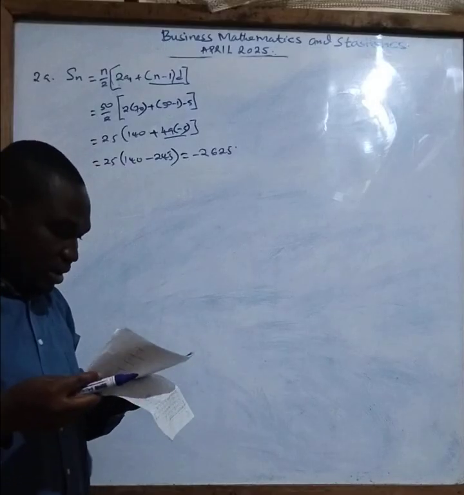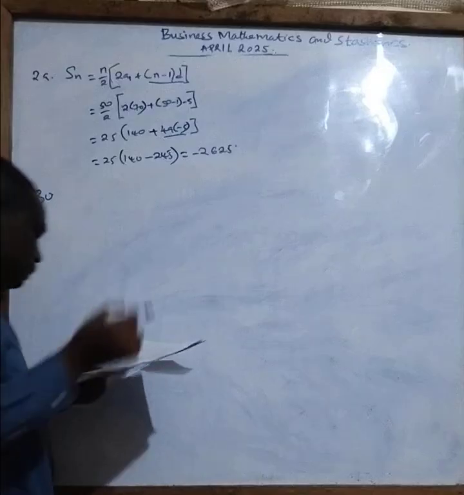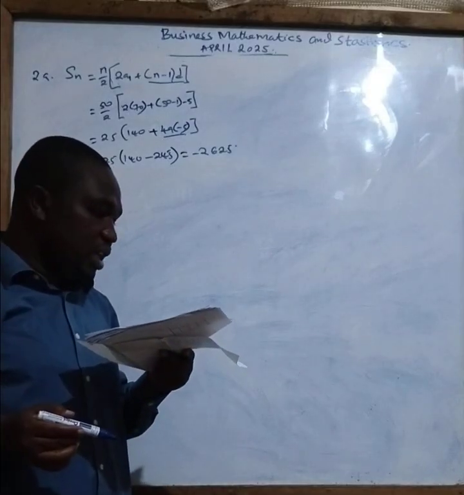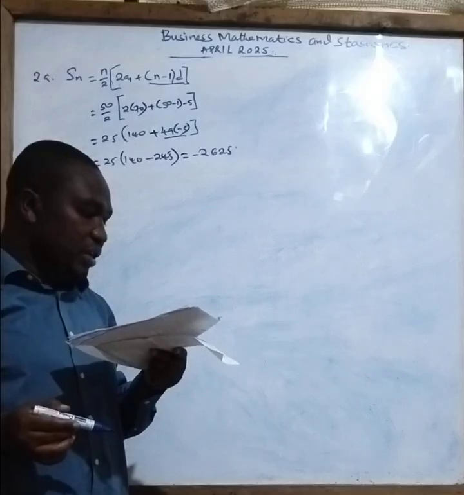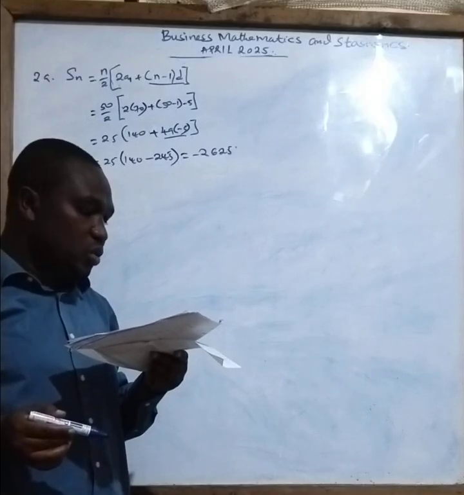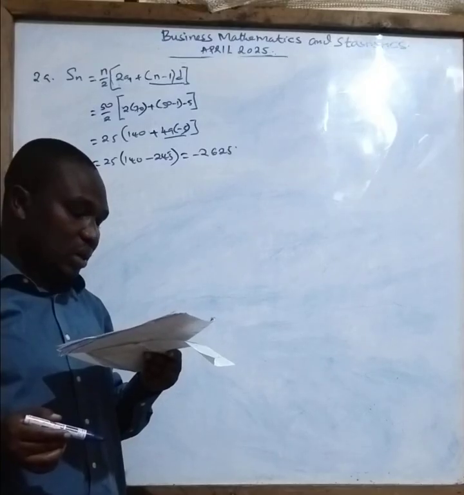Now number 30. Number 30 says use the following information to answer questions 30 and 31. Three partners wish to contribute capital towards a business of 1,080,000.